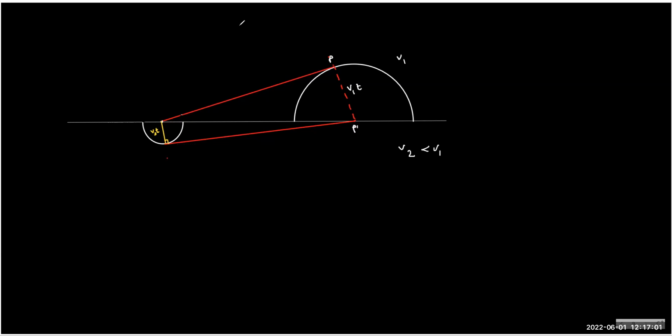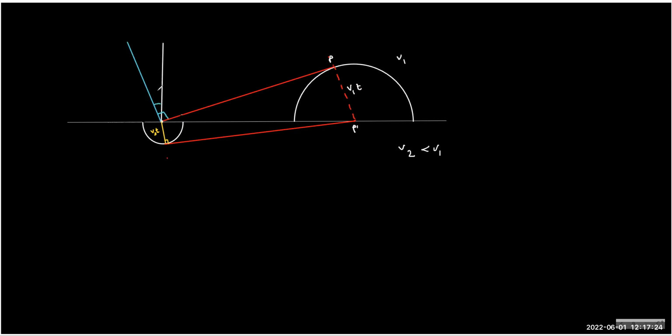So what is interesting here? So if I draw a normal, and if I draw a perpendicular to the wavefront, so this is right angle.